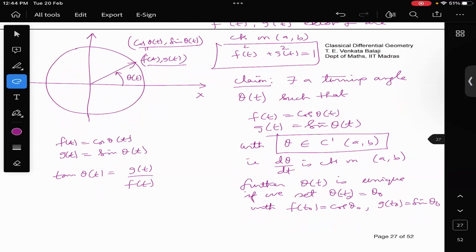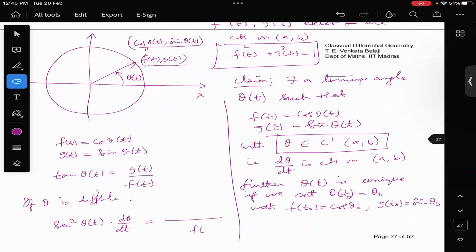Now for the moment assume that theta is differentiable. Then you do d by dt. What you will get is secant squared theta of t into d theta by dt equal to, here I will have to apply the quotient rule, so I will get f t squared in the denominator, and f t into g dot t minus g t into f dot t in the numerator.